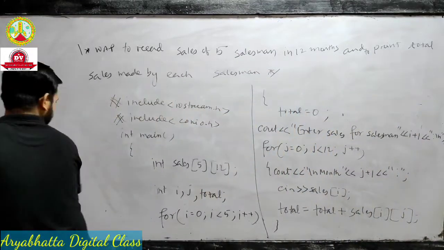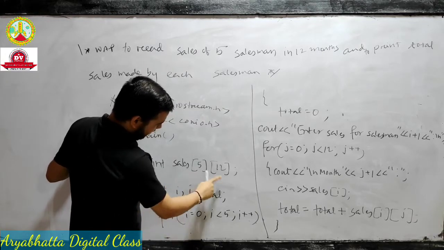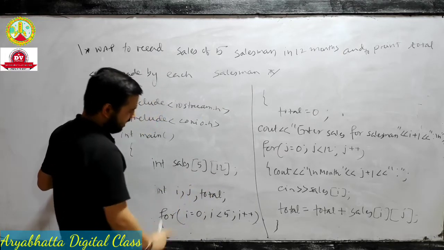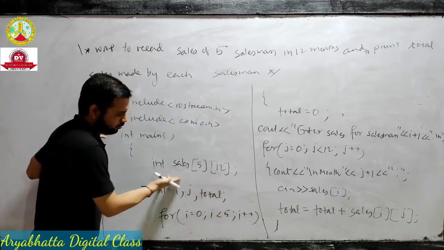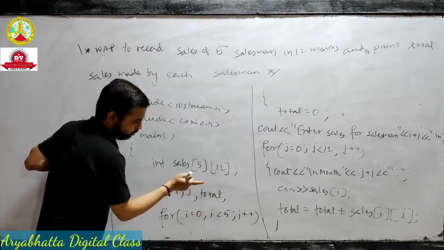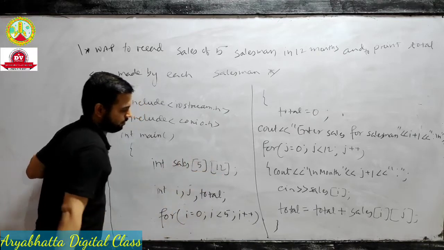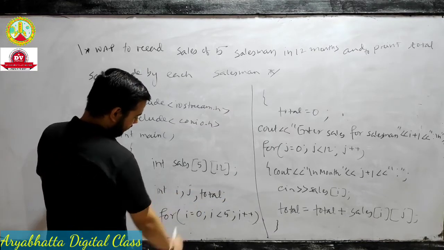Now see how it will operate. These three we already know. Here int sales[5][12] means we name the array sales. This is the declaration of a two-dimensional array: 5 is the number of rows, 12 is the number of columns. These three variables we use: i, j, total.